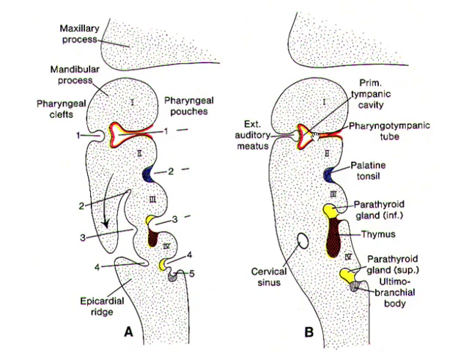The first pharyngeal cleft becomes the external auditory canal. And the intervening endoderm-ectoderm tissue becomes the tympanic membrane, in other words, the eardrum. The second pharyngeal pouch becomes the fossa of the palatine tonsil. Remaining pouches become glands and thymus.